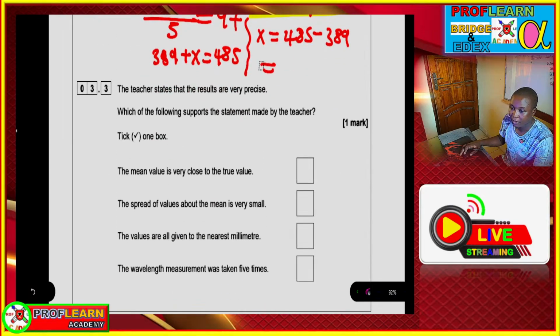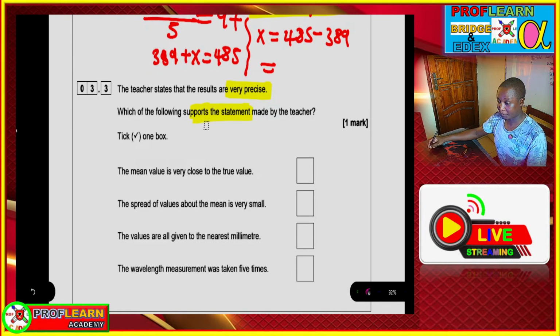The teacher says the results are very precise. Which of the following supports the statement? What does precision mean?